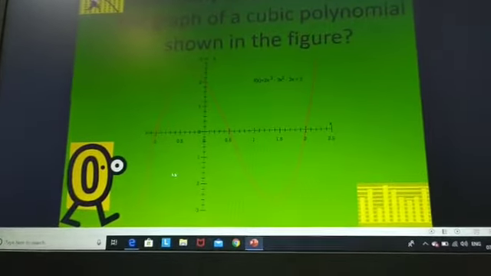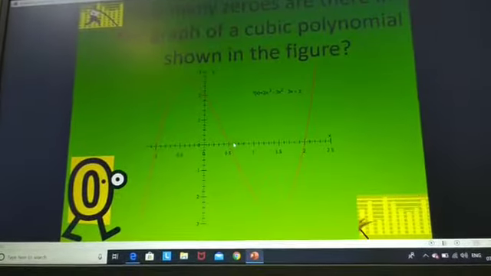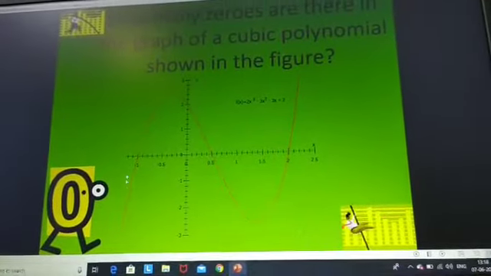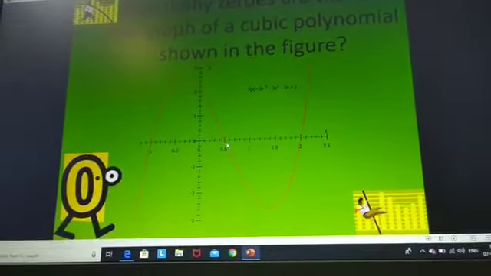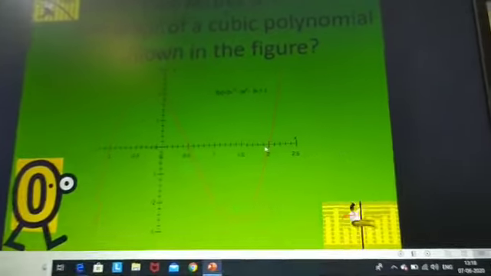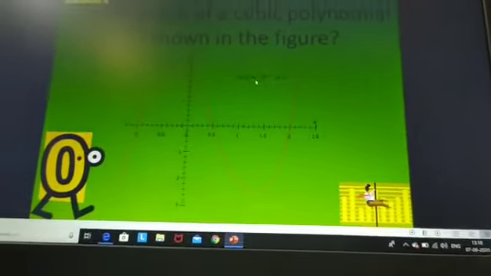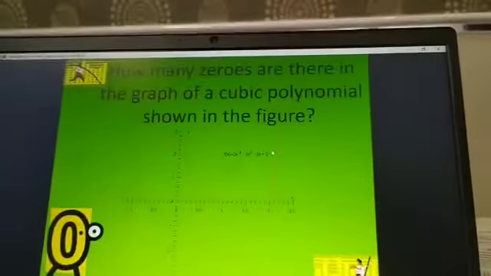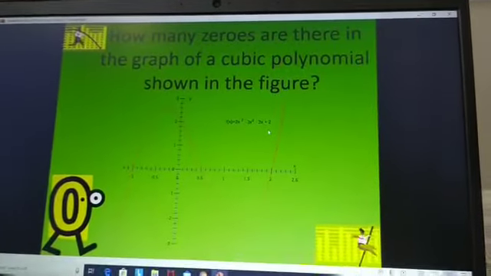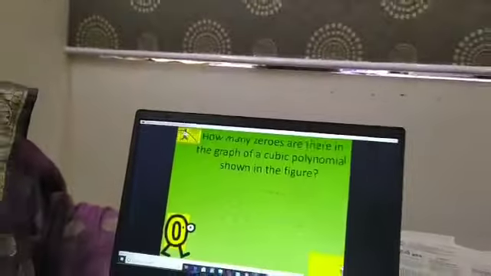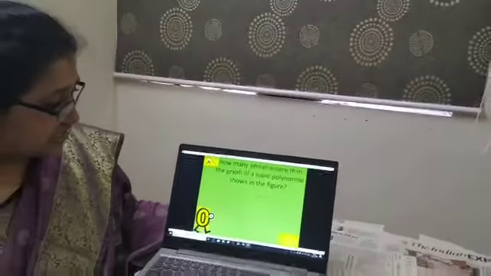So we have seen here minus 1, 0.5 and 2, that is x is equal to minus 1, x is equal to 0.5 and x is equal to 2 are the three zeros of this third degree polynomial expression or this cubic polynomial. Is it clear for you? So how can we find out the zeros of a particular polynomial expression given?